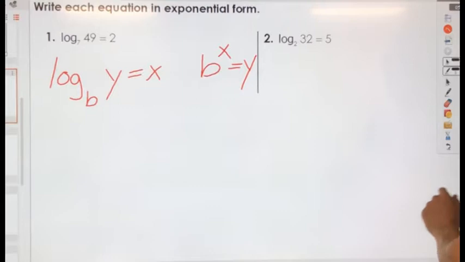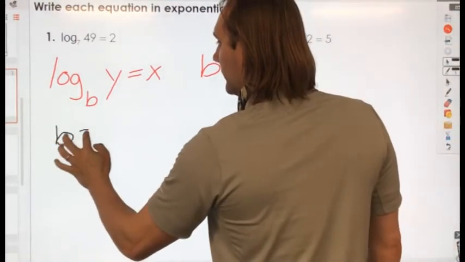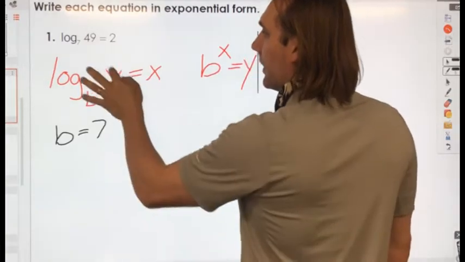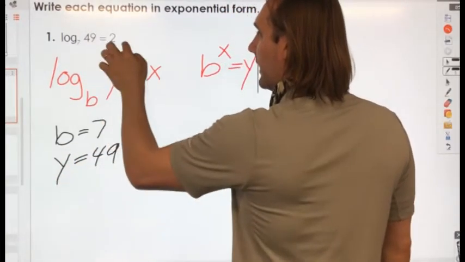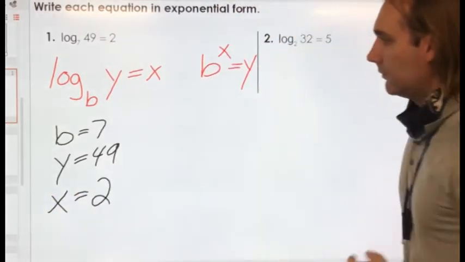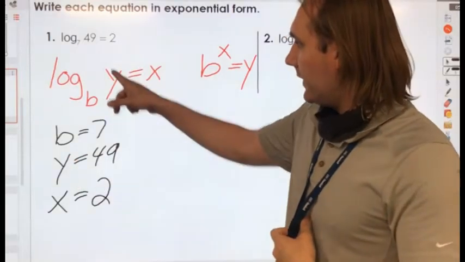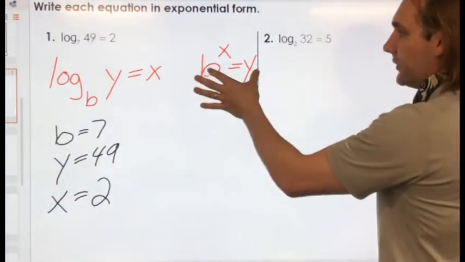So let me identify what my variables are. My b variable, my base, is 7. So b equals 7. My y value is 49. And my x value is 2. So b is 7, y is 49, x is 2. Now come over here and just plug it into your exponent form.